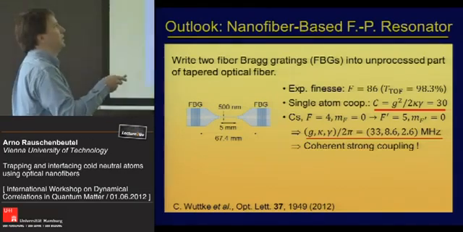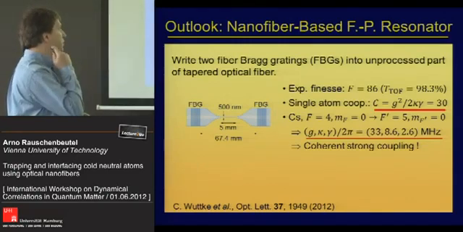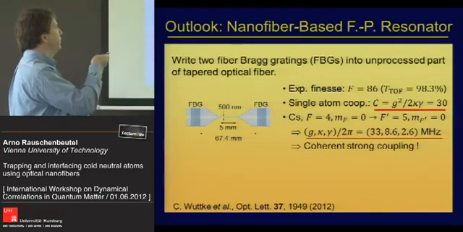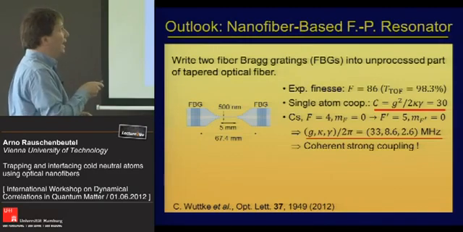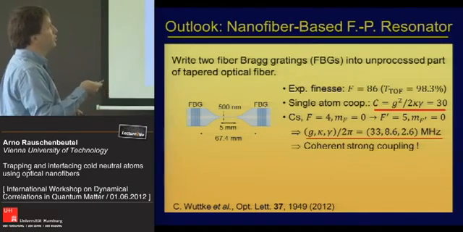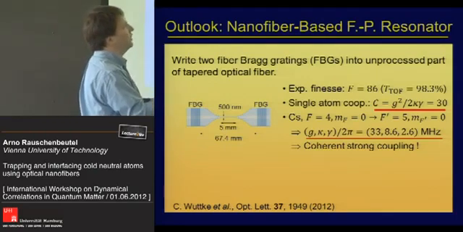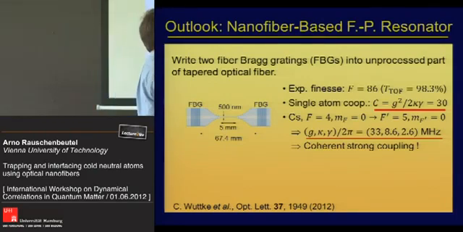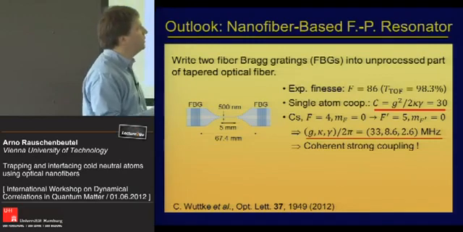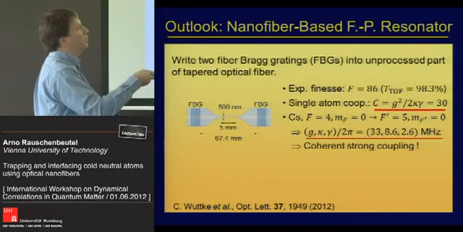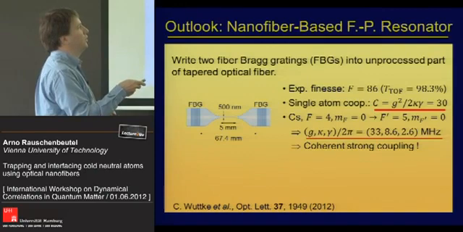It's very precisely determined by this method, by just measuring the finesse before and after tapering the fiber. And the interesting number now is that the single atom cooperativity, so the ratio of the coupling strength of the atom to the light field to the decay rate of the light field and the atom, is about 30 for a single atom, okay?